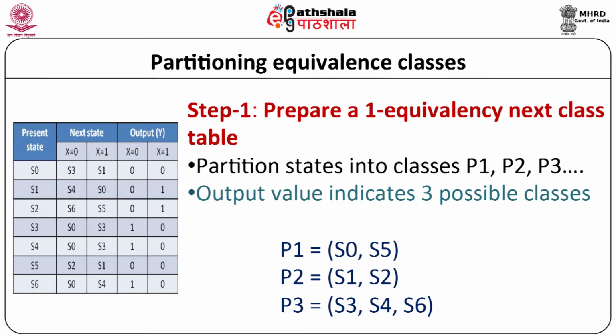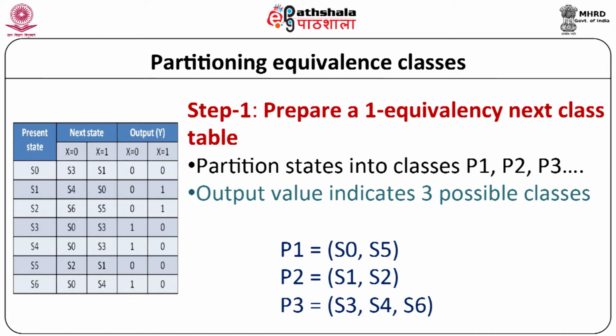In the first partition group, P1, state S0 is grouped because y is 0 when x = 0 and y = 0 when x = 1. Similarly, other partition classes are prepared where the group members share the same output values for a given input x. So, there are 3 possible classes.